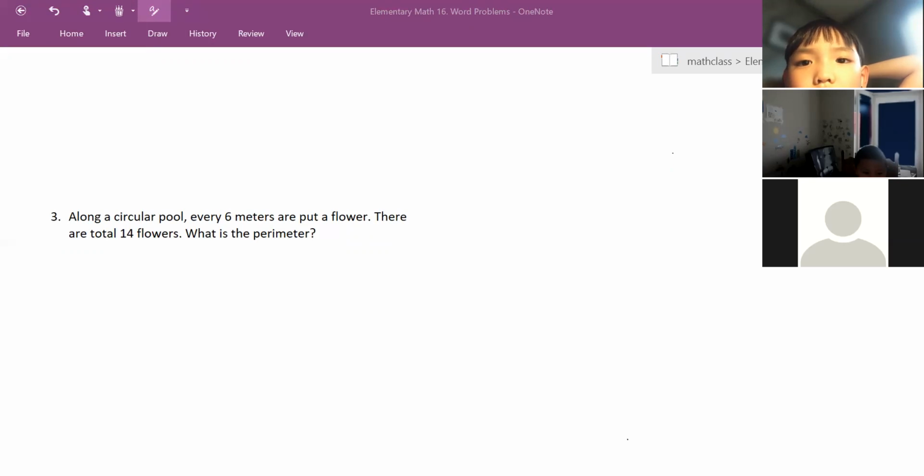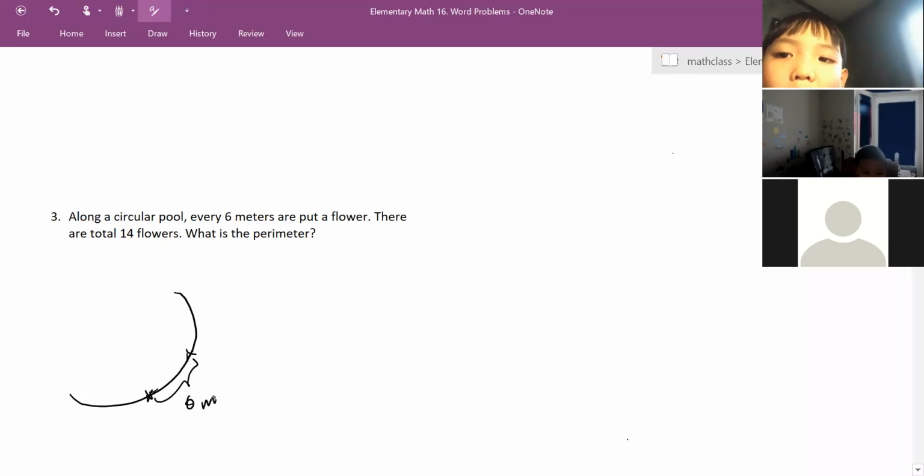Okay, so you look at this, this is part of that, right? I do have some students who have given me the answer already, and this is the correct answer. So between 2 flowers there will be 6 meters, the distance.